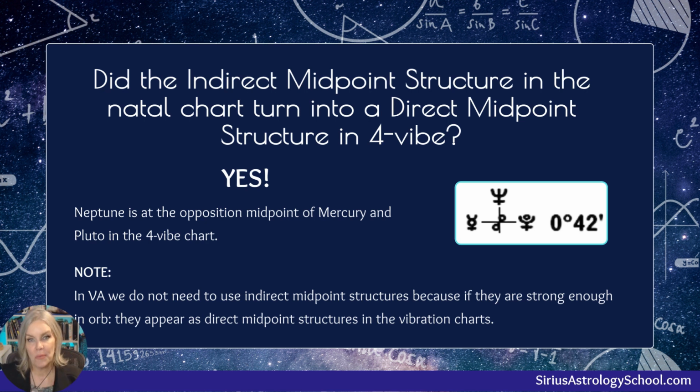We use the 4 vibration chart to demonstrate this because it was a square. If we were going to look at this midpoint and it was a trine, we would use the 3 vibration chart to see it, or 6, or 9. We would use the family of 3, what we call the family of 3. This is important to know.